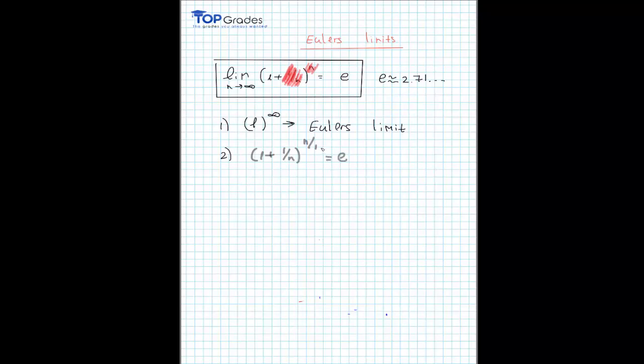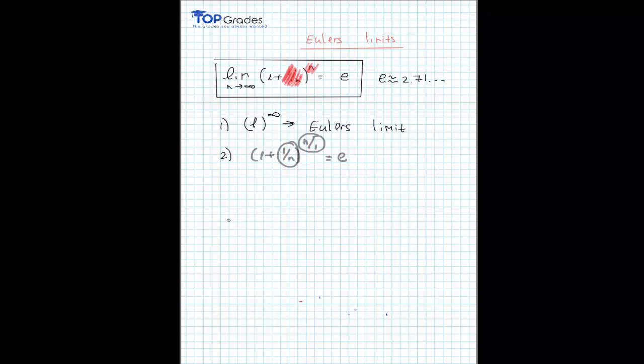So first I observe that there exists 1 over infinity here, which means it may be an Euler limit. Second, if I see that this factor and this term are opposite to each other, the denominator and numerator switch places, it will always be e.